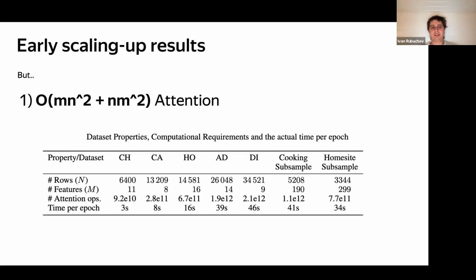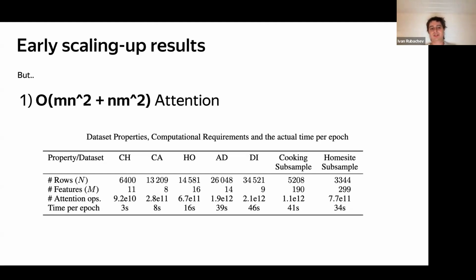So your attention computational complexity is actually mn squared plus nm squared. So it's double quadratic: if you have many features and many samples, you have a batch of many feature attentions and a batch of many sample attentions to do.